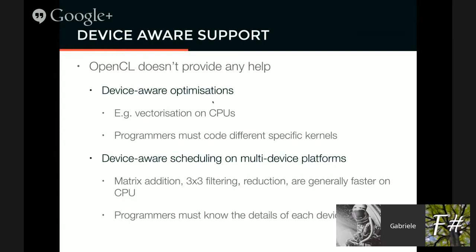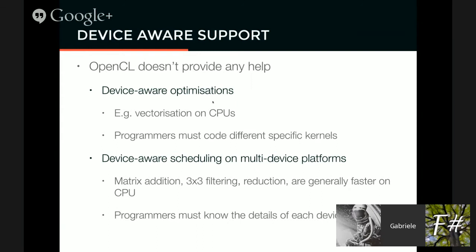Also, if I do not choose any device for a computation, and I have plenty of them on my system, which one should I choose? Well, it has been demonstrated that different computations are suitable to run faster on different devices. Some kind of lightweight computation like vector addition, matrix addition, really simple filtering of images and reduction, things like that, are really faster on the CPU, because you are saving the time to transfer things to the GPU, for example, through the PCI Express bus.